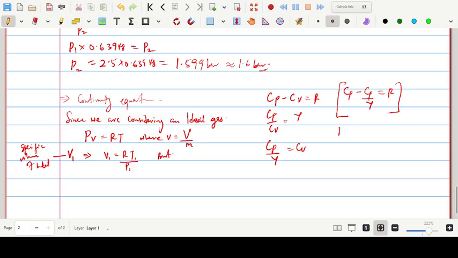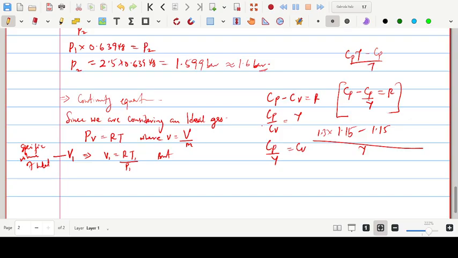So this one will be 1.15 as it was given in the question. Is that taken? And this is gamma. It's just saying Cp times gamma minus Cp over gamma, so I will multiply by 1.3, then I will have over gamma here, which is 1.3.